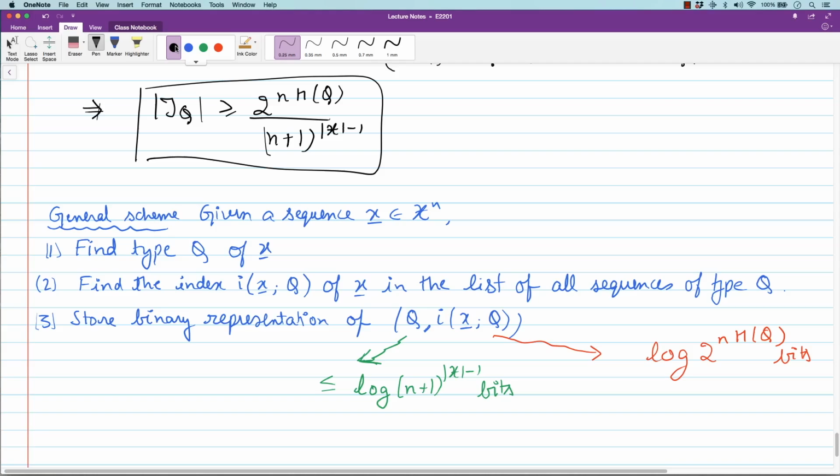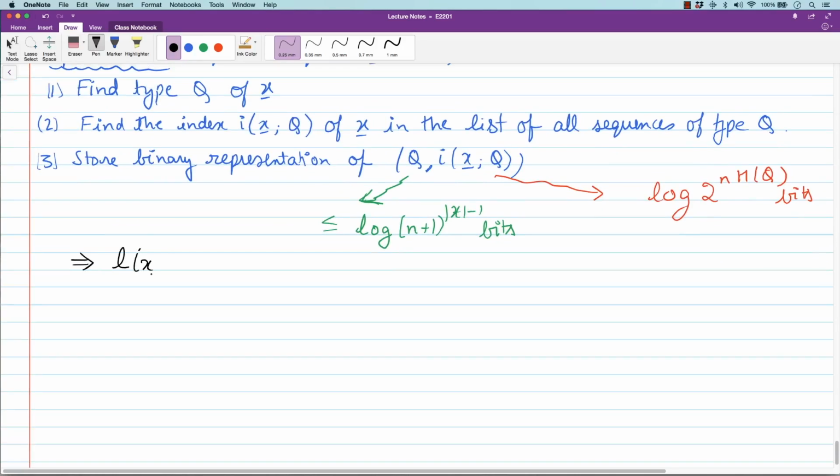So this implies that L(x), the length of the code word that you associate with a sequence of type q, or let's say for any sequence, is less than or equal to (cardinality of X minus 1) times log of (n+1) to represent its type, plus n times H(q), where q is the type of the sequence.